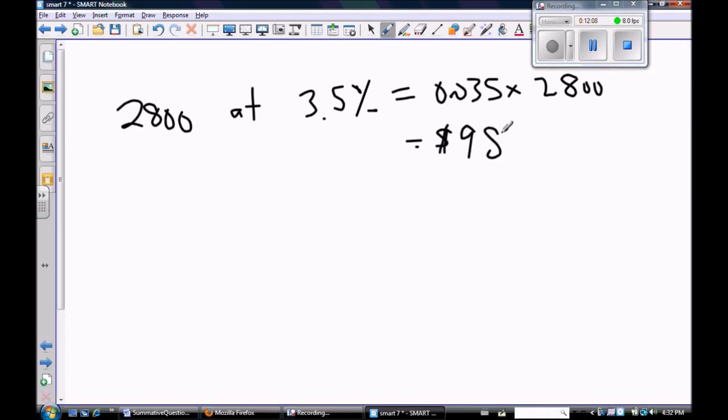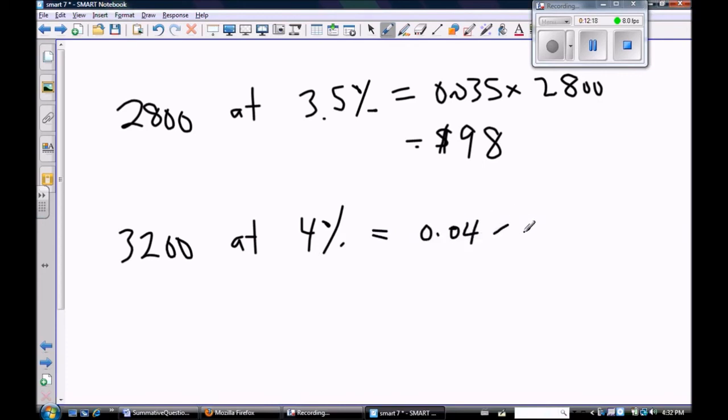And $3,200 at 4%. So 4% of 3,200 is, oops, bear with me, calculator issue. Yeah, I could do it in my head. Is 128. Now, at this moment in time, double check. Is this $30 more than this? Yes, it is. Good thing, because if it wasn't, we would have made a mistake.